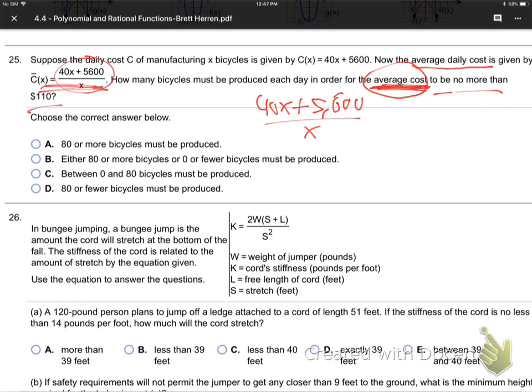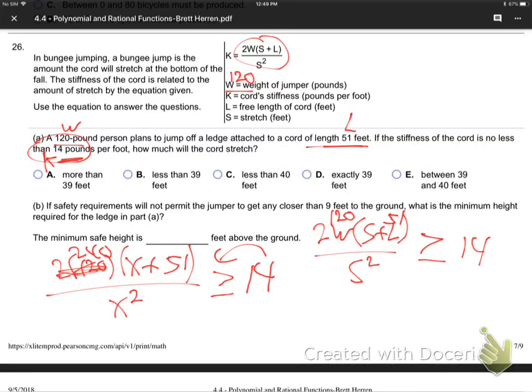So that function is to be no more than, not more than, not greater. What if I say it's not greater, it's not more? Less than or equal, right? That's not more. Not more than 110. Bring that 110 over, get a common denominator, and so on. Does that make sense how I set that up? That good? So there it is. Take it from there.